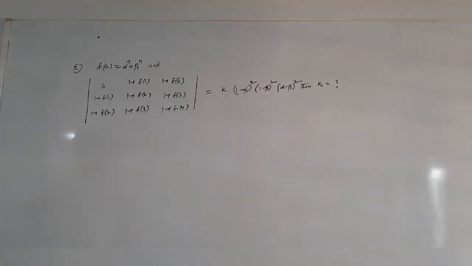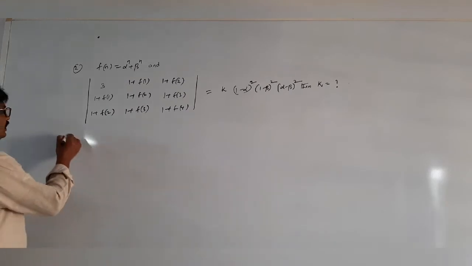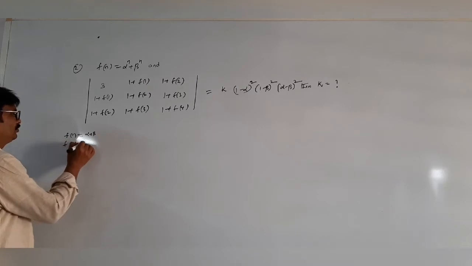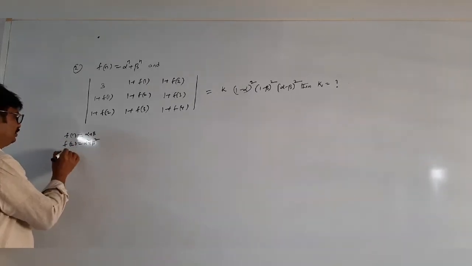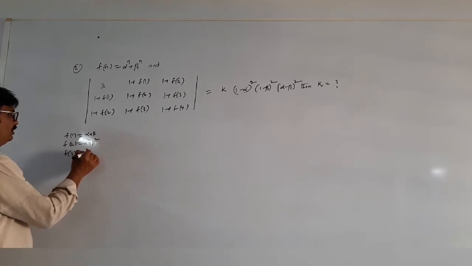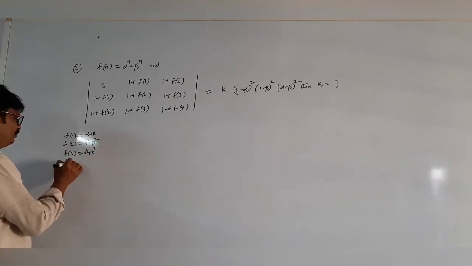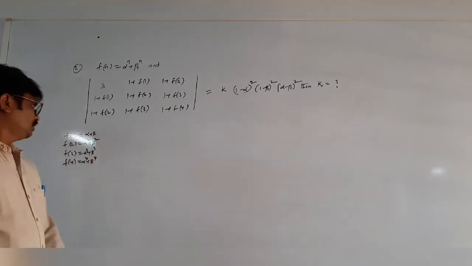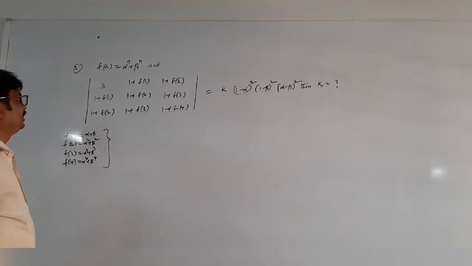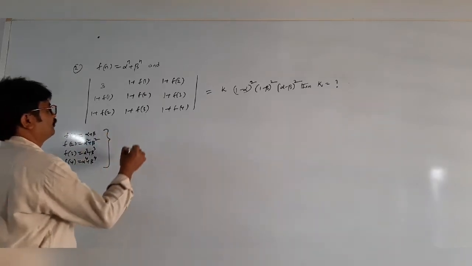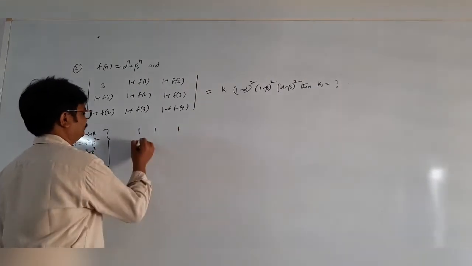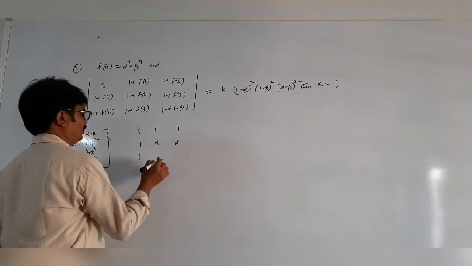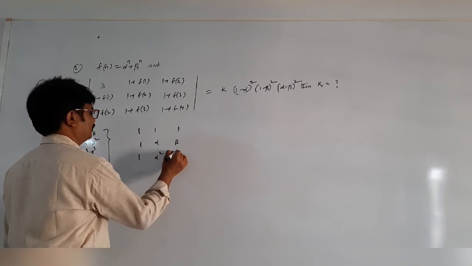So right now, dear students, f of 1 is alpha plus beta. F of 2 is alpha square plus beta square. F of 3 is alpha cube plus beta cube. F of 4 is alpha power 4 plus beta power 4. So the given determinant can be written as 1 1 1, alpha beta 1, alpha square beta square.